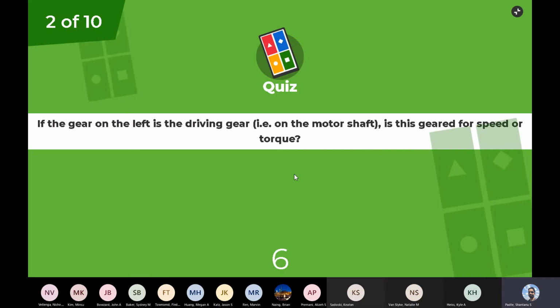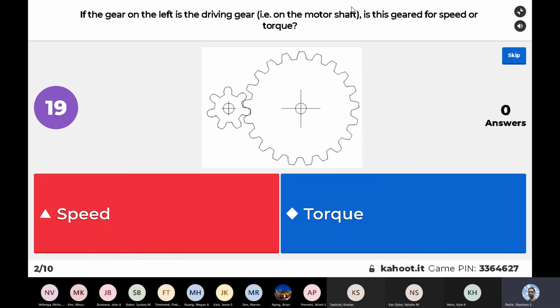If the gear on the left is the driving gear, i.e. on the motor shaft, is this geared for speed or is it geared for torque? I hope you remember what I said about the size of gears.